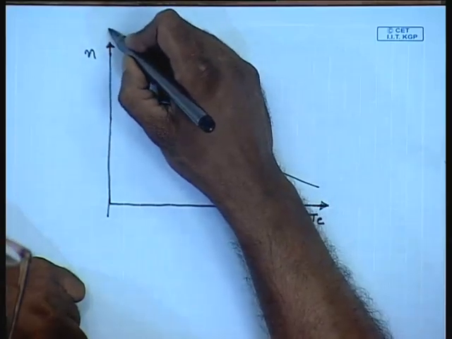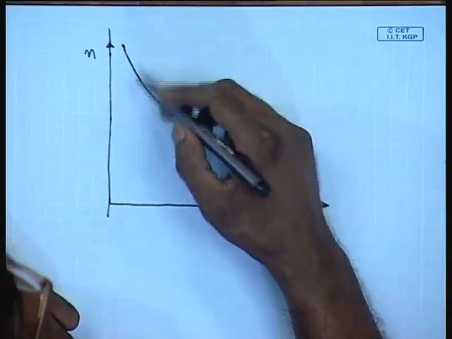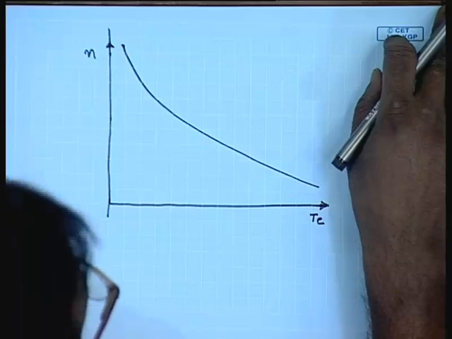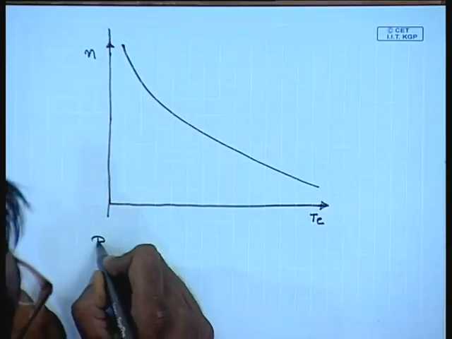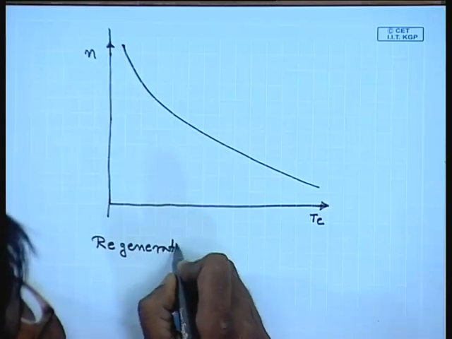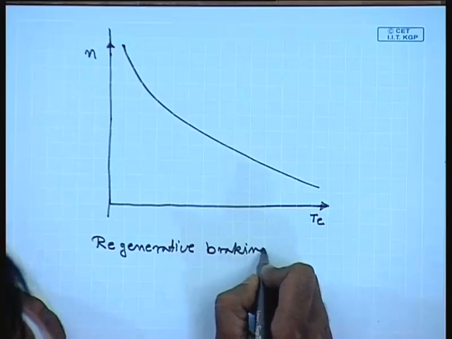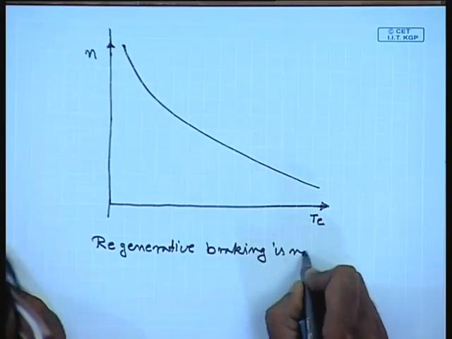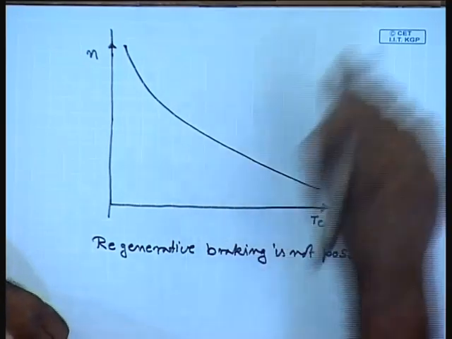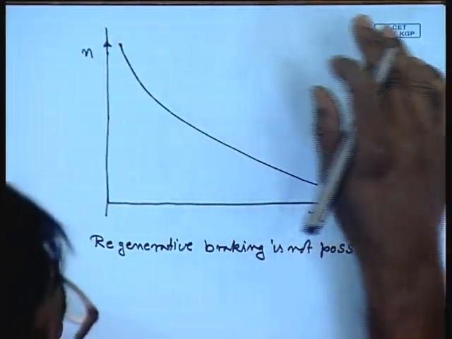It does not have a natural no load speed, because at no load the speed tends to become dangerously high. So, as such regenerative braking is not possible. However, we will see how we can achieve regenerative braking by using a chopper later on.